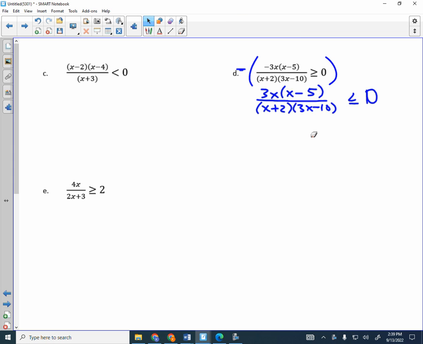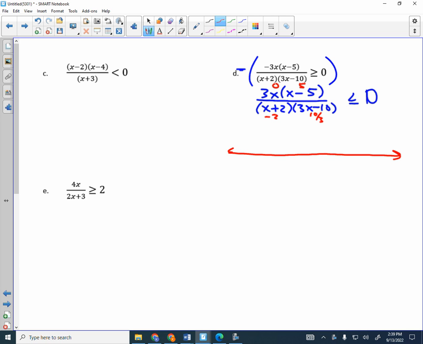What numbers give you 0? 0, 5, negative 2, 10/3, which is like 3.3 repeating. Agreed? 3 1/3. Okay, so I'm going to put those on my number line.